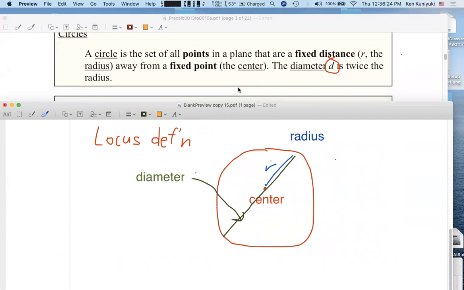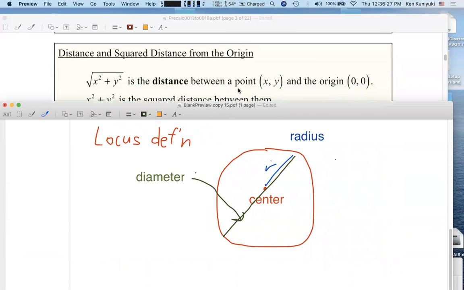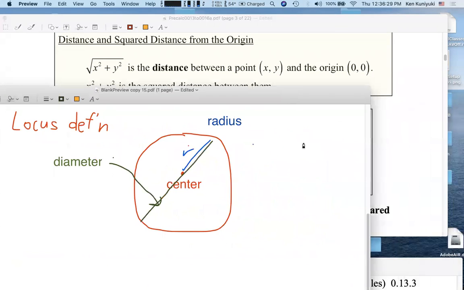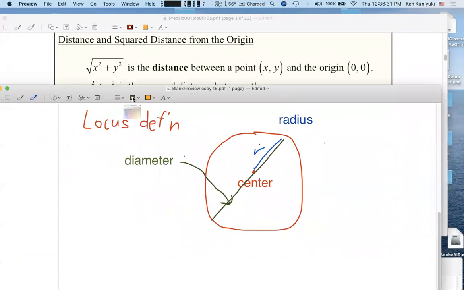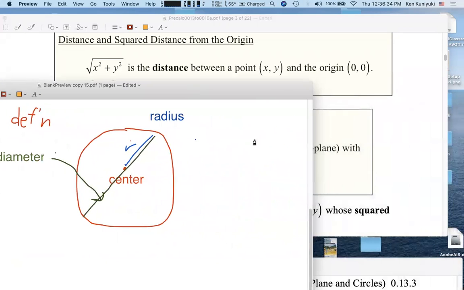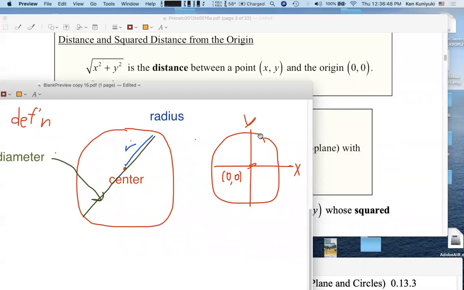Now, how can we get an equation of a circle in the xy plane? So in particular, if I want to consider the equation of a circle whose center is at the origin, 0, 0, in the xy plane, and whose radius is r for some positive length r.